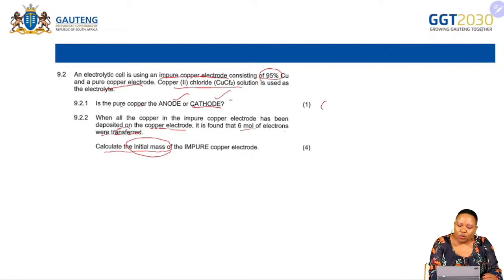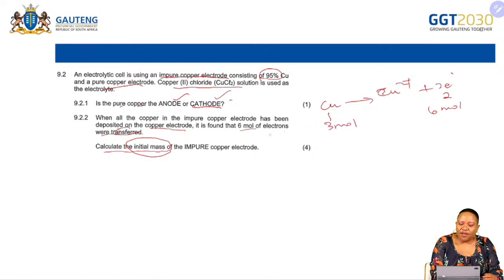When you look at this reaction, it is Cu2+ plus 2 electrons. Therefore, the reaction of copper is going to be 1:2 in terms of the electrons. So if 6 moles of electrons are transferred, it means there will be 3 moles of copper.